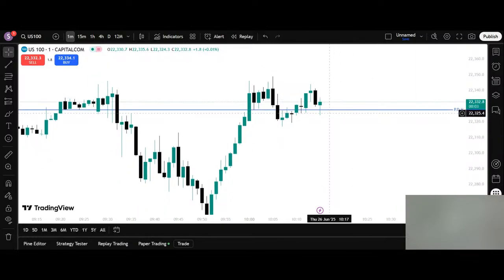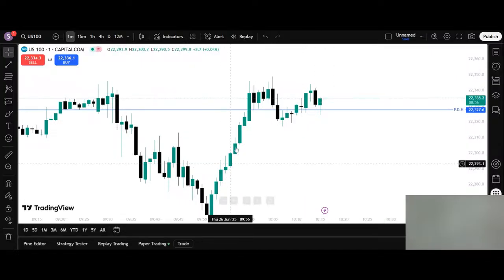It did come to 3 to 5, but as I said, there is no entry yet. It could easily retrace all the way down there, so I don't want to take this trade.